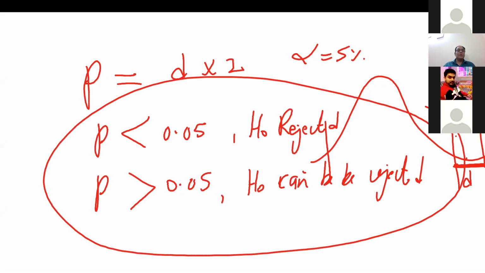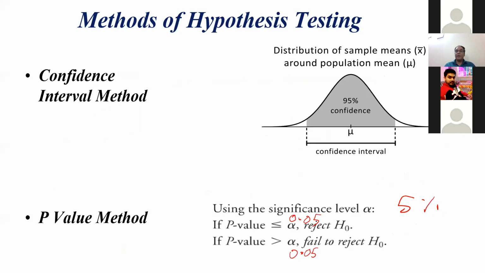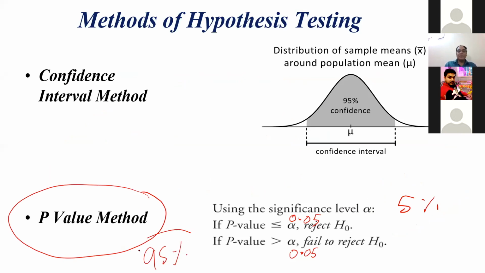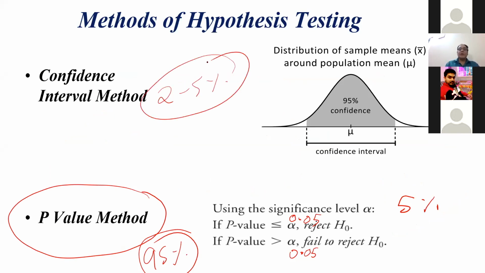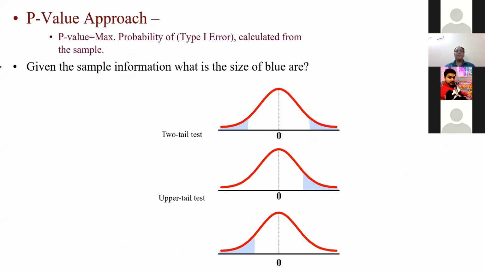Okay, so we are discussing, we are here. The p-value method we will use in more than 95% of cases, and the confidence interval is used in hardly 2 to 5% of cases, because yesterday I was taking a class in process where the confidence interval method we are using, but otherwise in most cases you have to test the hypothesis with the help of p-value.